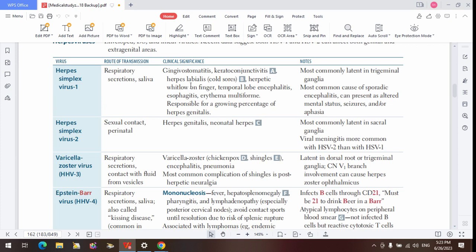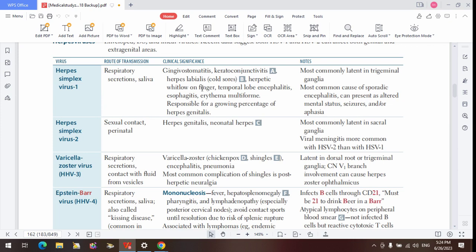This is very common following reactivation, so it doesn't occur as a primary lesion. If somebody has a primary lesion for herpes simplex virus 1, it's going to come as gingival stomatitis. If there's a subsequent reactivation, it's going to come as herpes labialis: painful cold sores on the lips.